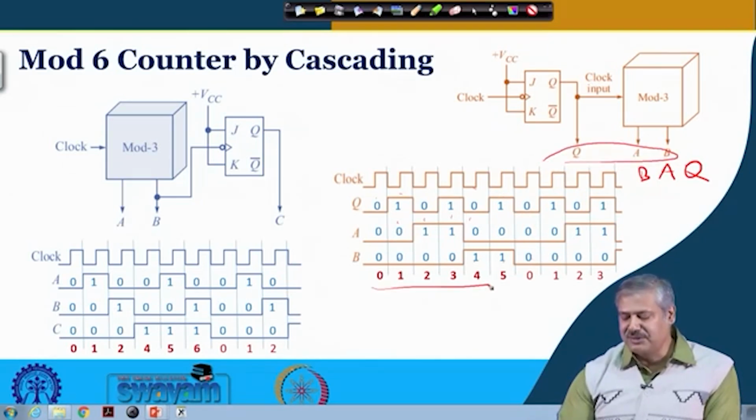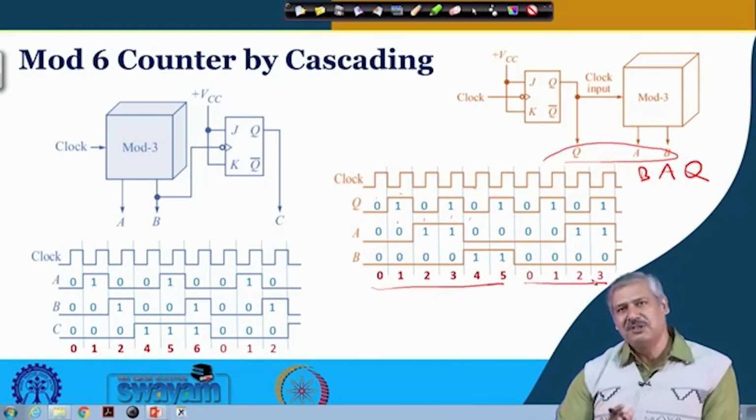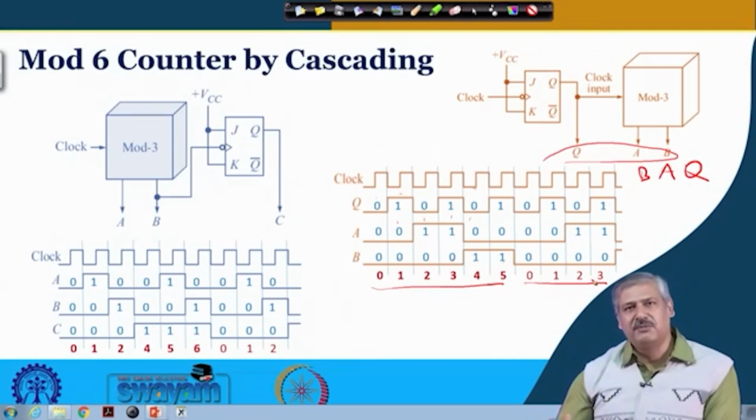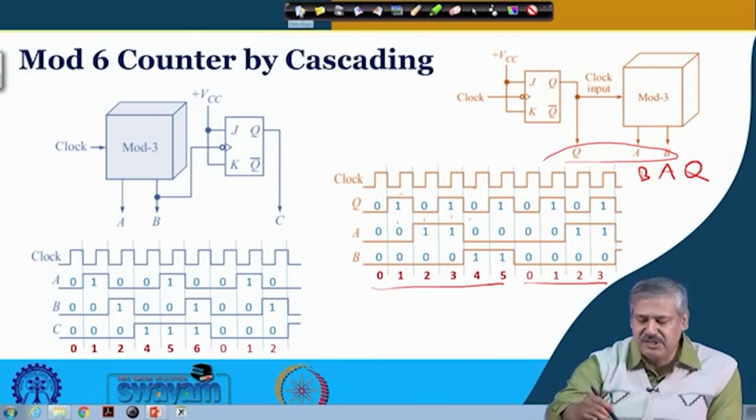Then you can see 0, 1, 2, 3, 4, 5, again 0, 1, 2, 3, 5. So, it is an up counter without skipping any counting value, right. So, this is the way you can get a mod 6 counter by cascading mod 3, after that mod 2, and also mod 2 after mod 3, okay, and the counting state value will be like this in each of the cases.